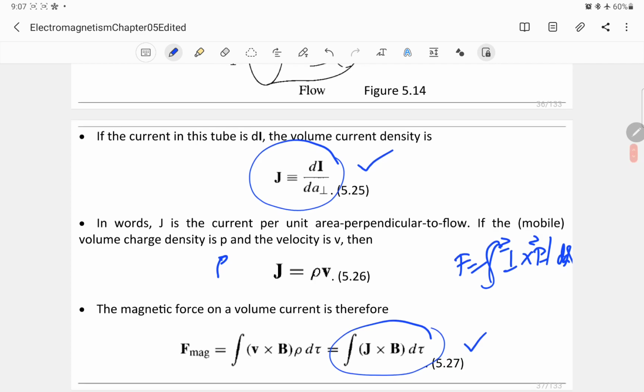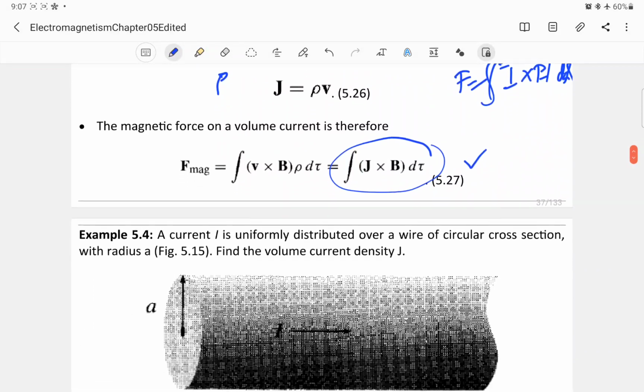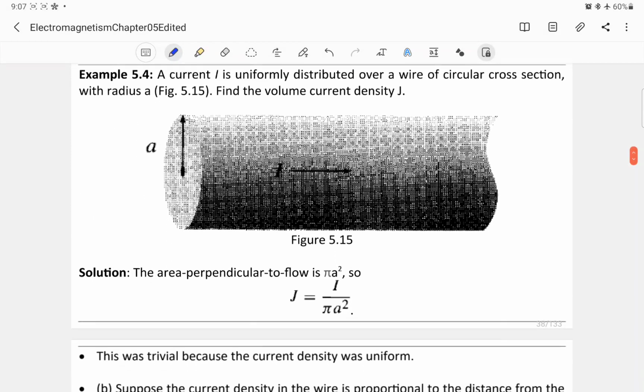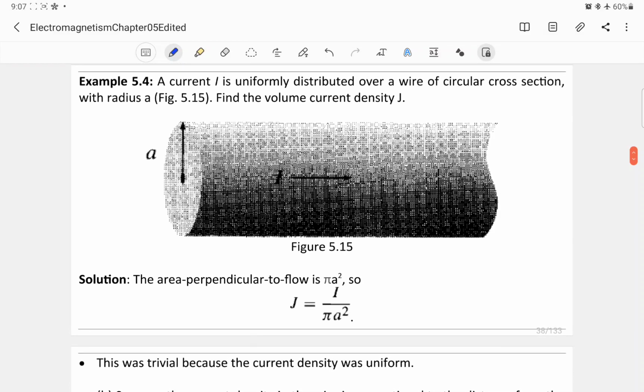So anyway, let's now go to example number 4. A current I is uniformly distributed over a wire of circular cross section with radius a. Find the volume current density J here.